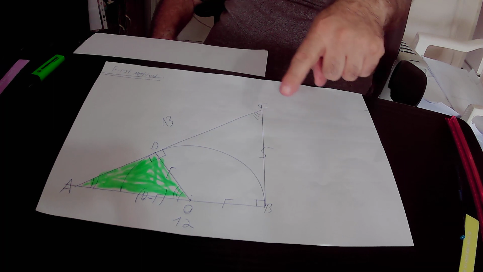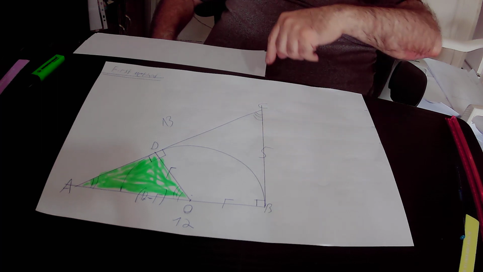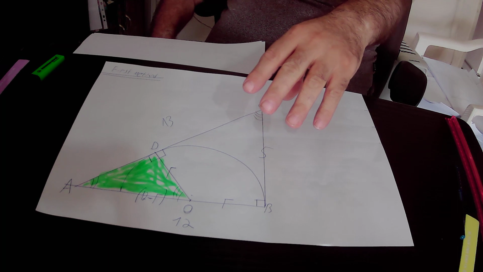CB equals 5 units, AB equals 12 units, angle ABC equals 90 degrees. And we want to find out the area of this semicircle.